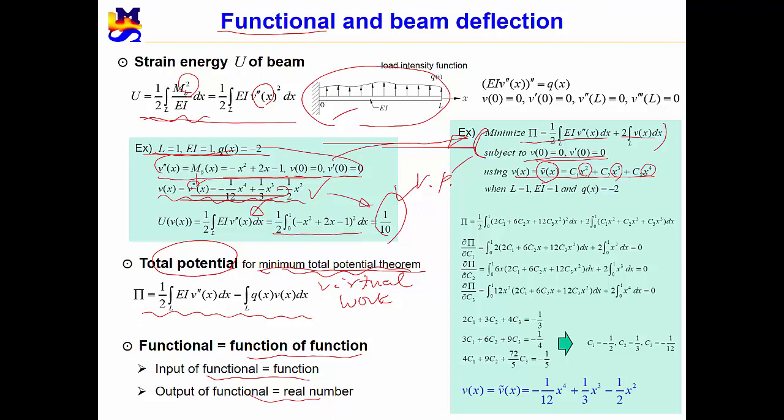And now we have to plug this trial function into the functional to obtain a new function of C1, C2 and C3. The functional reduced to just a function. Still, we did not apply the minimization. We'd better recall what we have done.